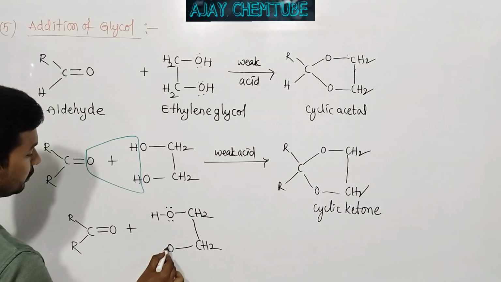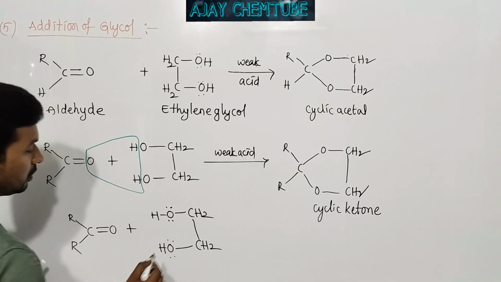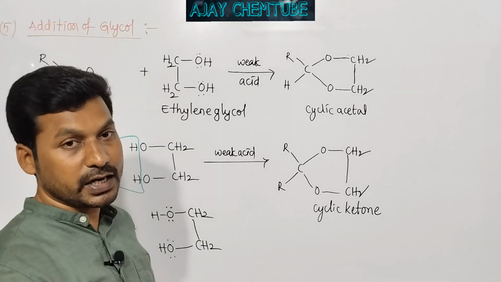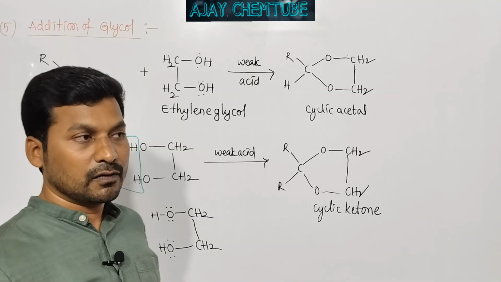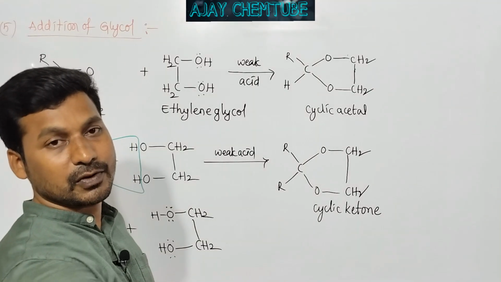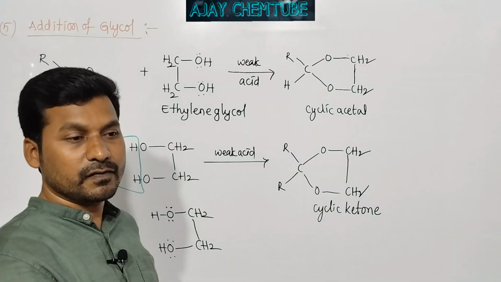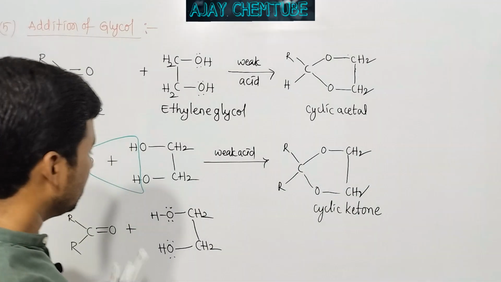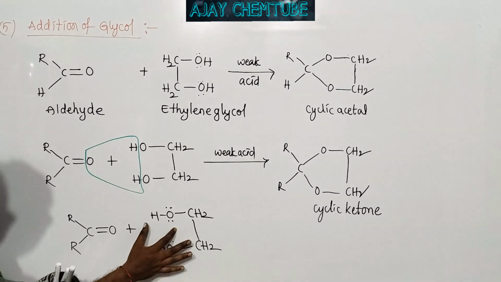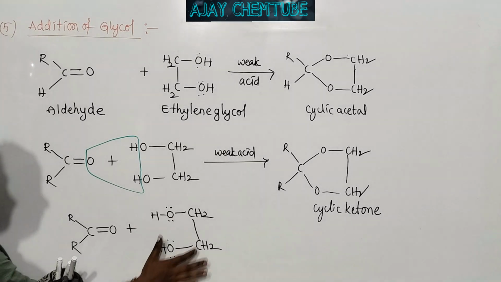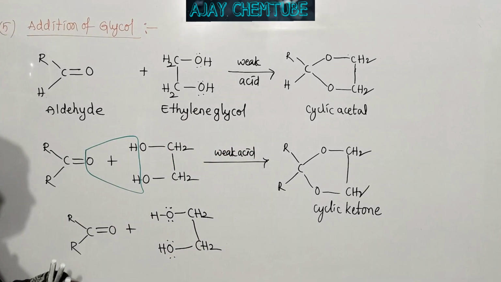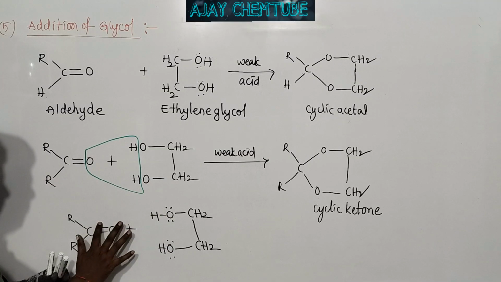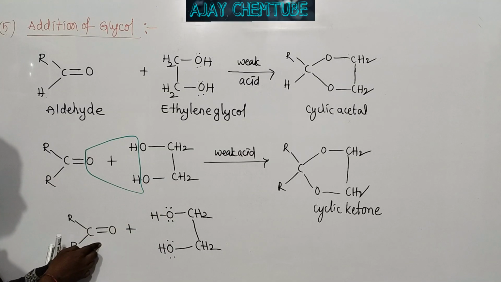Reaction of aldehydes with alcohol: first step hemiacetal, second step acetal. Ketone with alcohol in presence of dry HCl gives hemiketal, then ketol. Here two steps happen at a time. Ethylene glycol, two alcohols added at a time, that gives cyclic acetal. First this one is added, hemiketal, and this one is also added, ketol, like that.